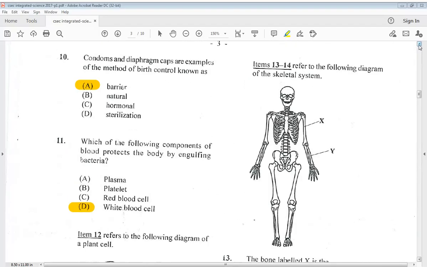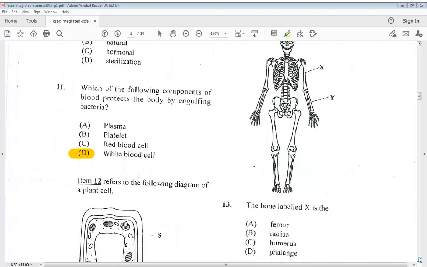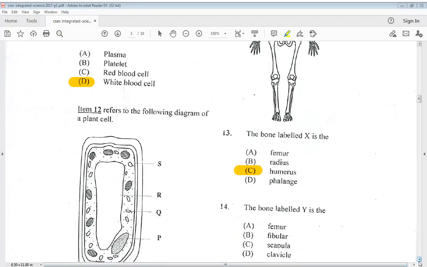Items 13 to 14 refer to the following diagram of the skeletal system. We have two parts labeled X and Y. 13, the bone labeled X is, we know this is the C, humerus. Let's go to 14.